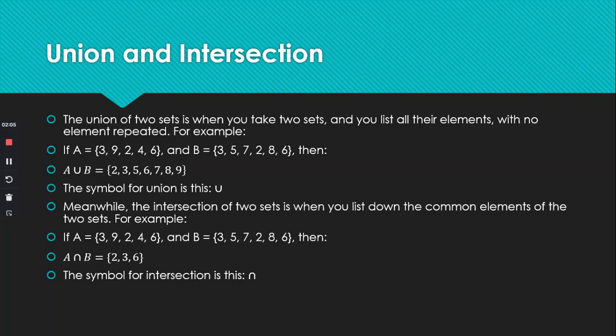Again, you can't repeat anything in any way, though I don't see how you can repeat it in an intersection. The symbol for intersection is an upside down U, like the union upside down. And union and intersection are technically opposite, so it makes sense. So you can remember it like that.